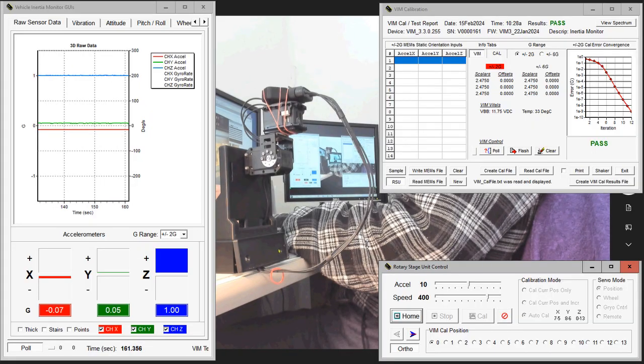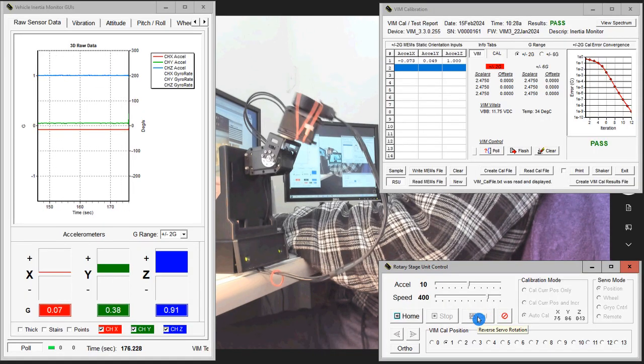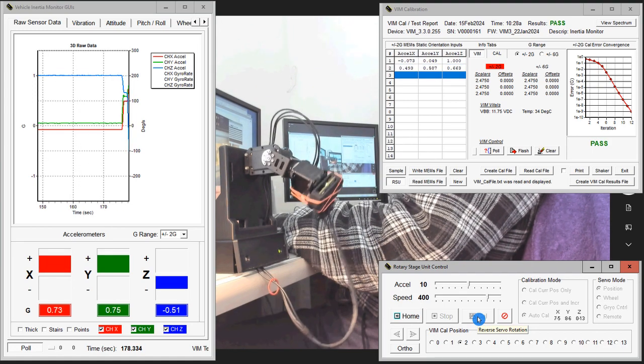The technique involves gathering X, Y, and Z information for each of the 14 orientations. This will show how the calibration occurs.